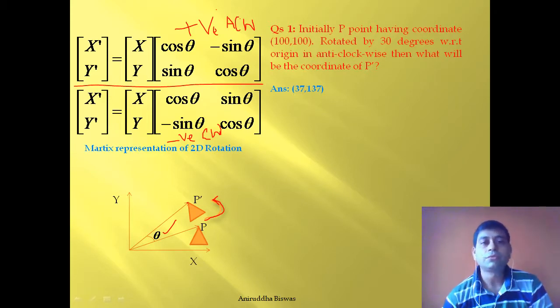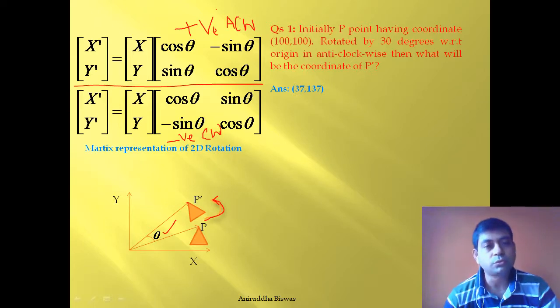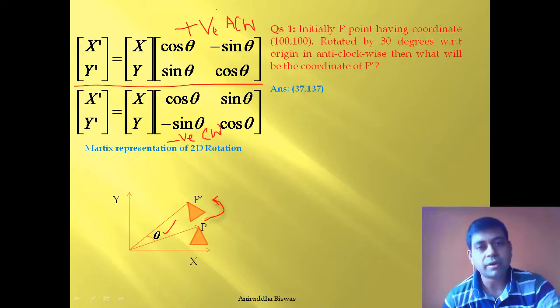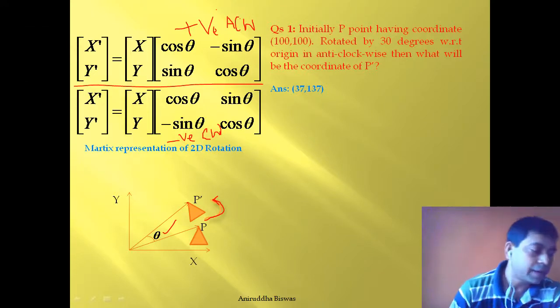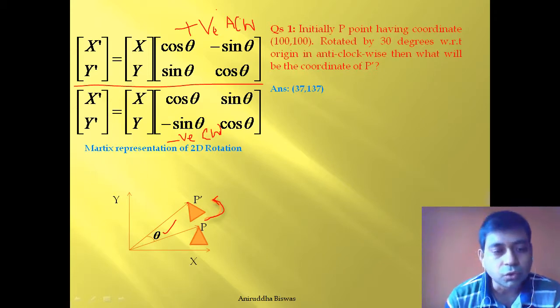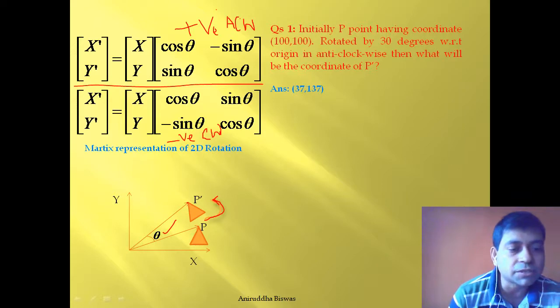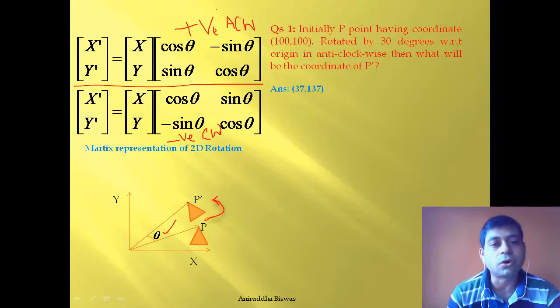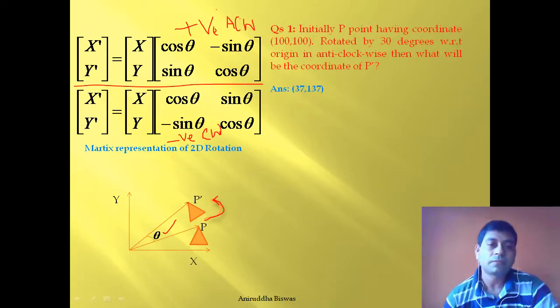Now, let me give you an example of what the final representation of this point P will be, when P is rotated and finally reaches a point that is called P dash, right?